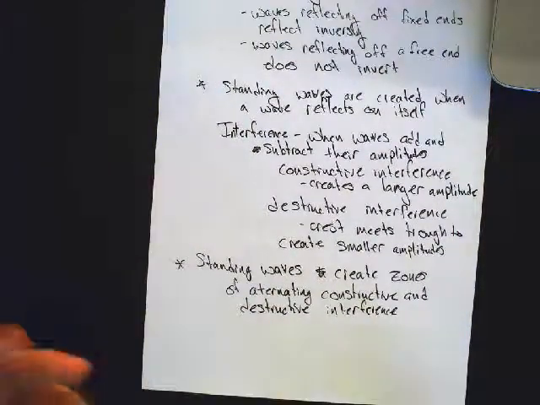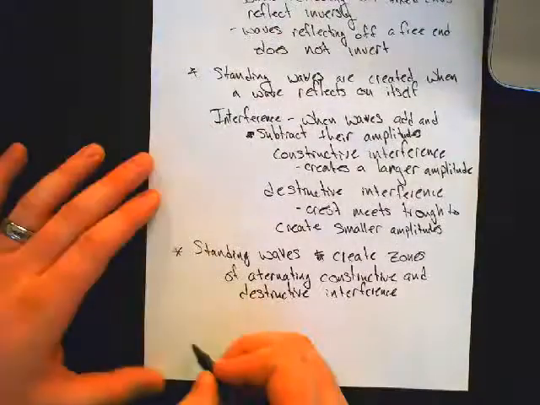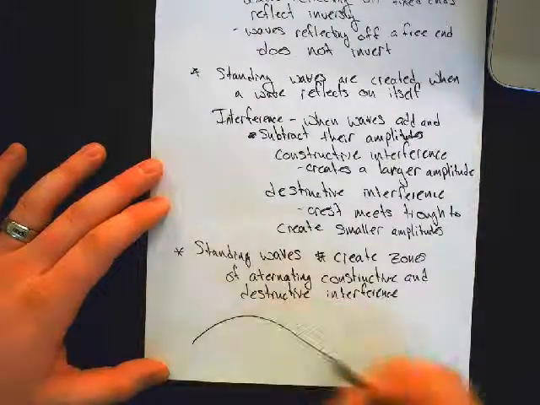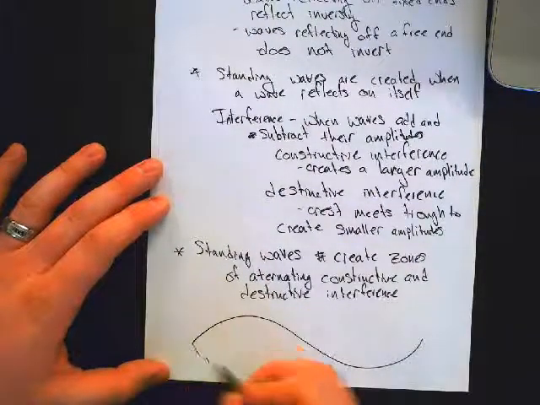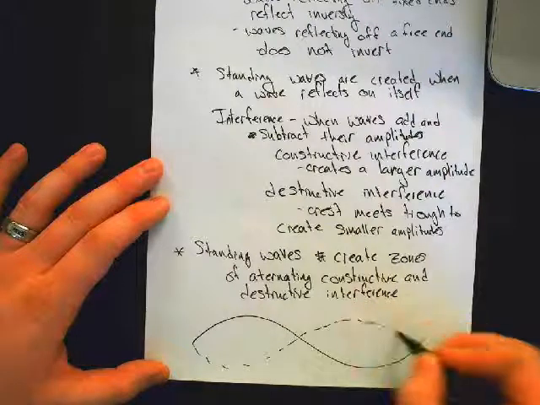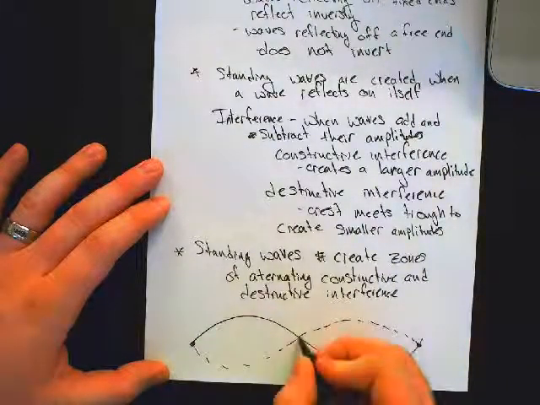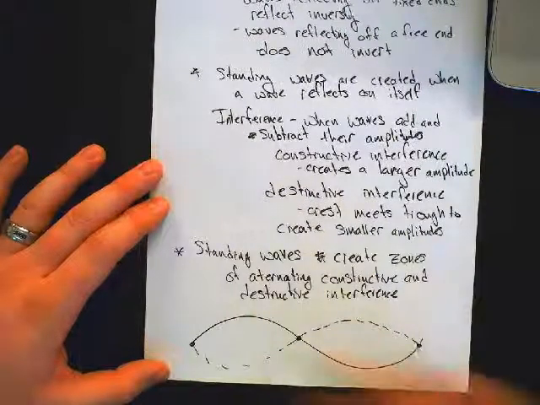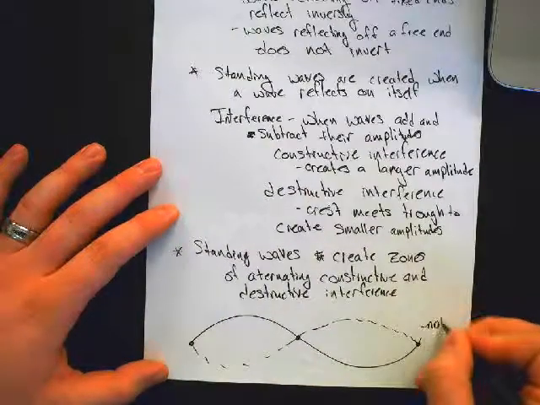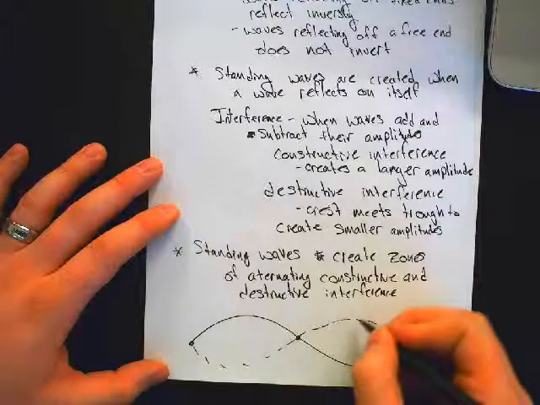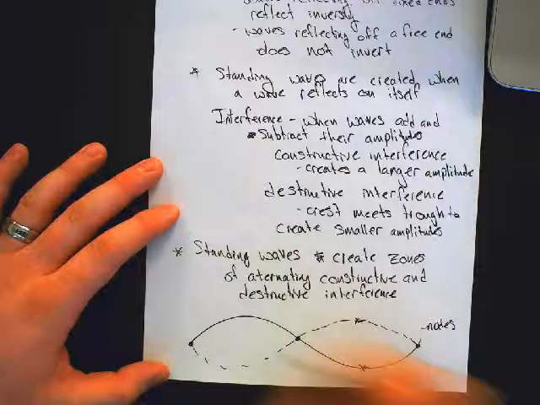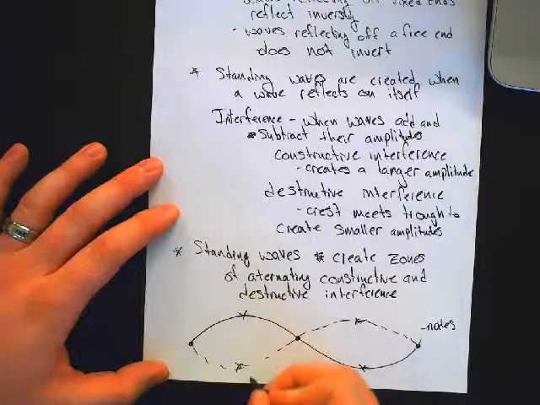We saw that a little bit in the sim from the other day, and what it winds up looking like is something like this. You had to draw it out as well. Maybe your drawing doesn't look the way I decided to make mine, but that's okay. There are spots that don't move, my dots, which are nodes, and spots that do move, which are antinodes.